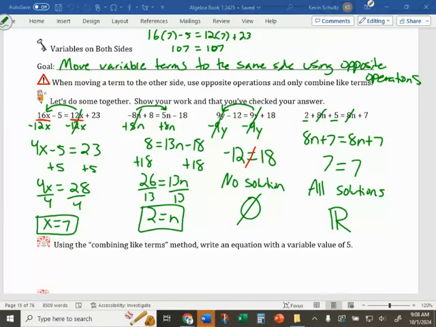N does not equal infinity. If you put infinite solutions, that would work. What does IS stand for? Infinite solutions. All solutions or all real numbers are what you want to put down.